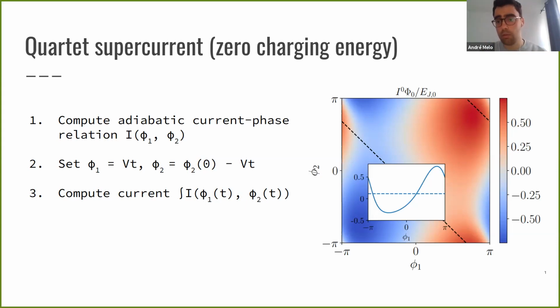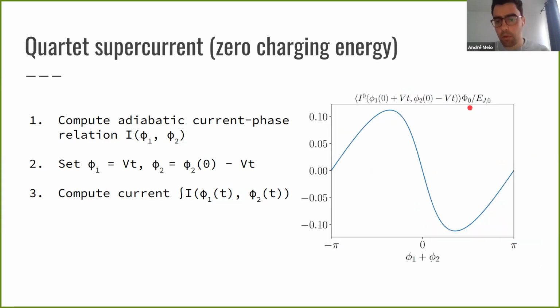You have 0 net current flowing. So this is really the multiplets that we were looking for, in a sense, because they only appear at these commensurate conditions where you follow a line that can have a finite average current.